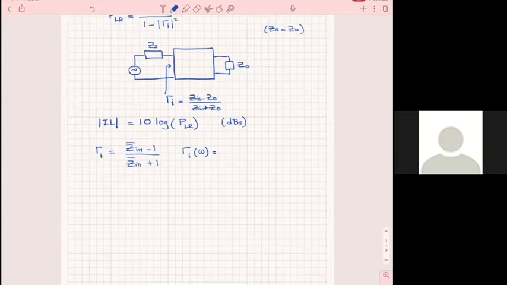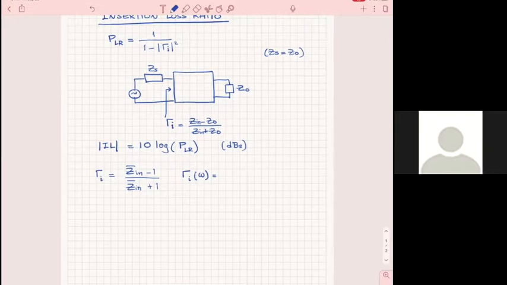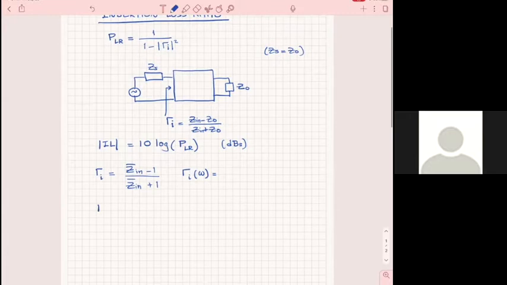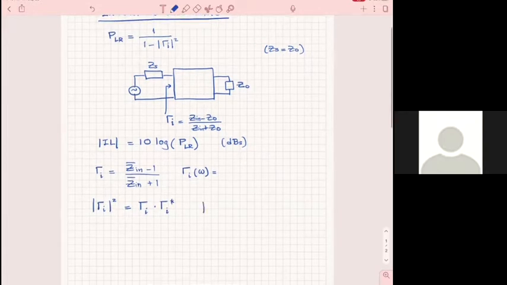And now when we have it in this insertion loss ratio as a magnitude squared, the magnitude squared of that reflection coefficient is gamma sub I times gamma sub I complex conjugate. Practically, if I write gamma sub I as a function of omega, then this is gamma sub I of omega times the complex conjugate of gamma sub I of omega.